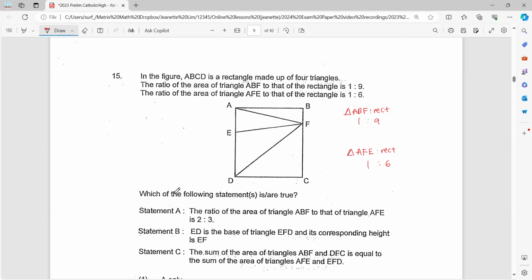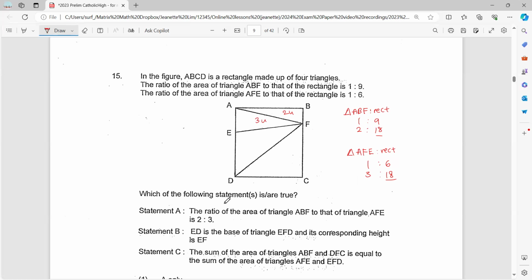Now, we need to find common base, which is the rectangle. So lowest common multiple is 18. This is 2. This is 3 to 18. ABF is 2 units. AFE is 3 units.